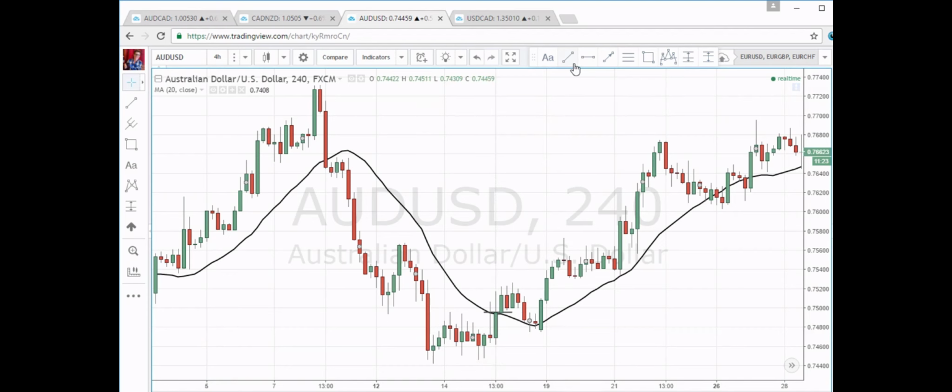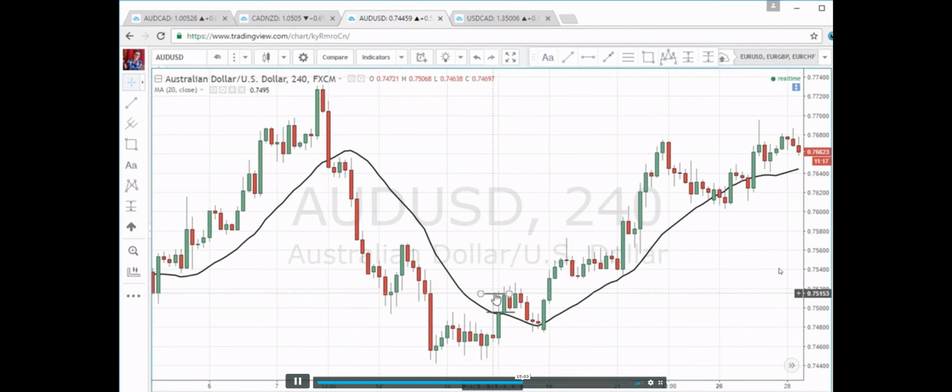Nevertheless, it's quite a long candle and quite a momentum candle, and here would have been the safer entry if you wait a little bit.